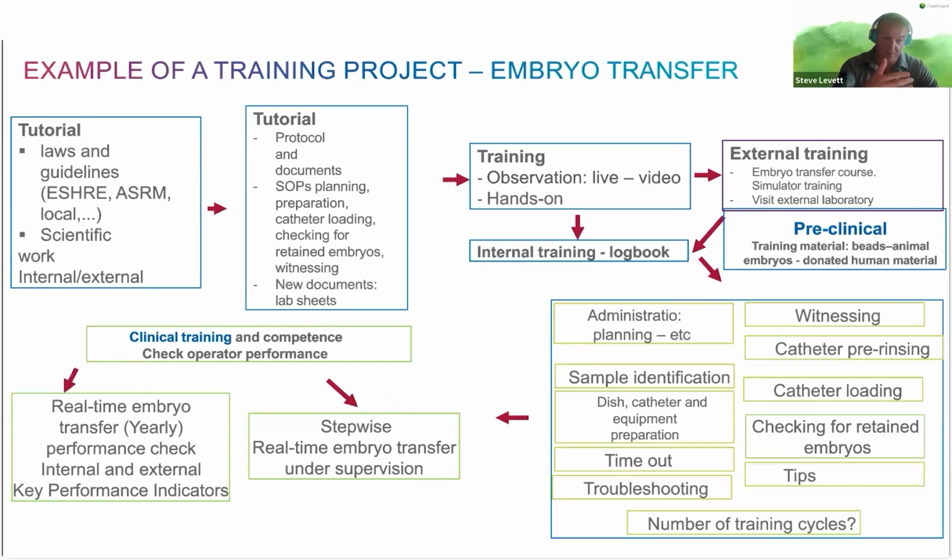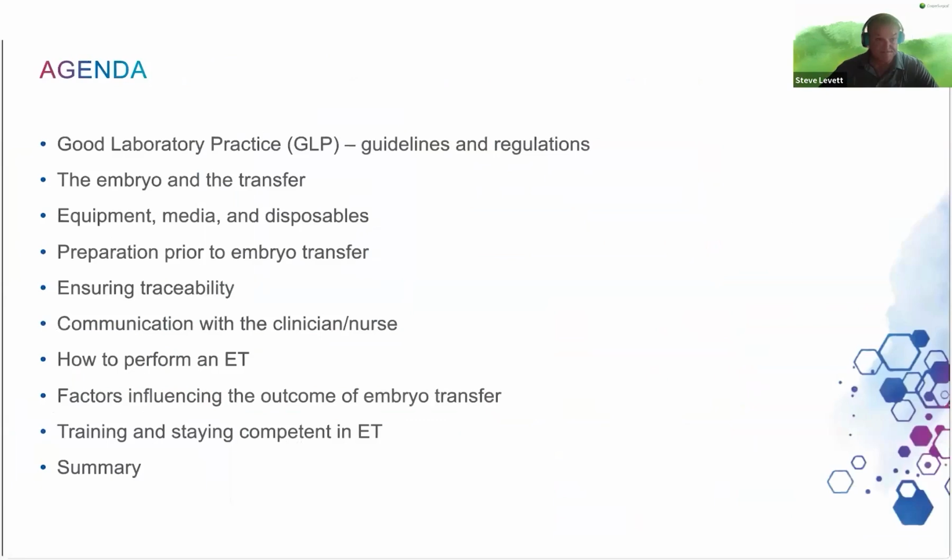You're going to learn what's important and what's regulated, read all the protocols, watch what people are doing, maybe go to an external training course if you have the chance, and then gradually work your way up until you're doing the whole procedure competently. This applies to every aspect of the work that we do, and similar training protocols can be used for that.